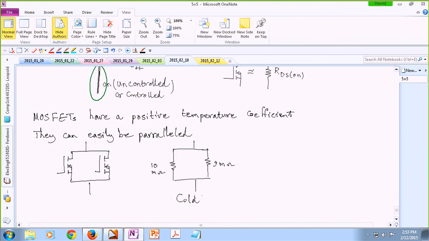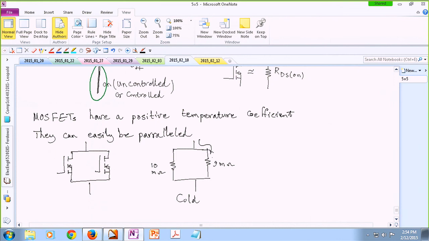So you're worried that the current of 40 amperes is not evenly distributed between the two MOSFETs. One of them is actually conducting more than the other because one of them is exhibiting a smaller resistance. So for instance, here you're going to realize that there is going to be more current going down the 9 milliohm resistance versus the 10 milliohm resistance. So more current is going through the 9 milliohm resistance.